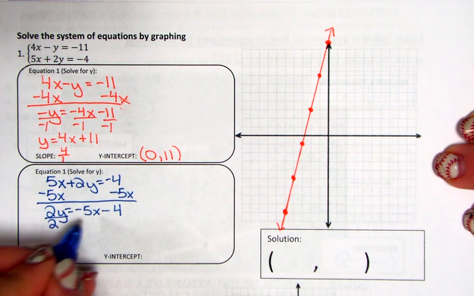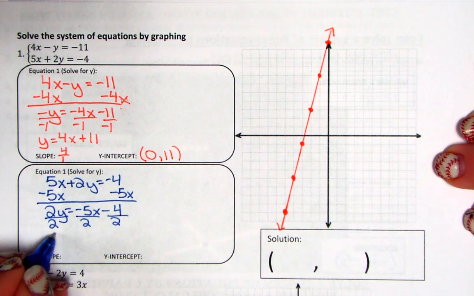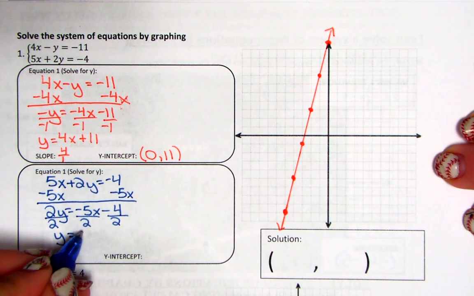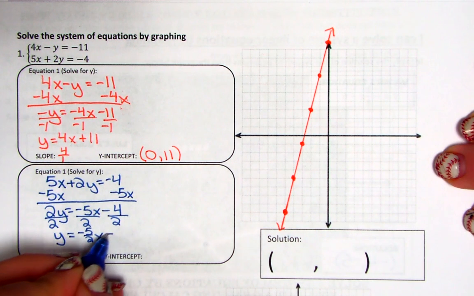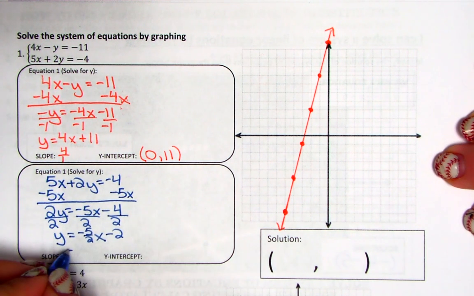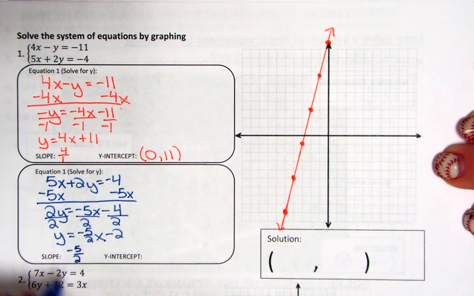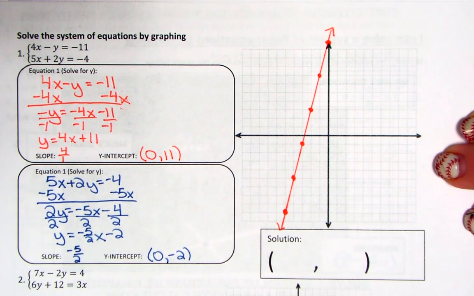Then we will have to divide by 2 all the way across so that we have y equals negative 5 over 2x minus 2. So our slope is negative 5 over 2, and then 0, negative 2 is our y-intercept.